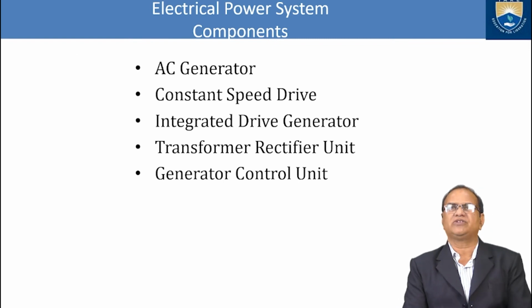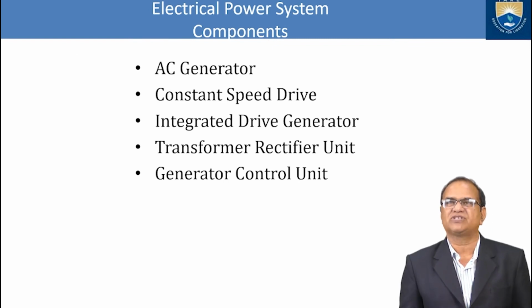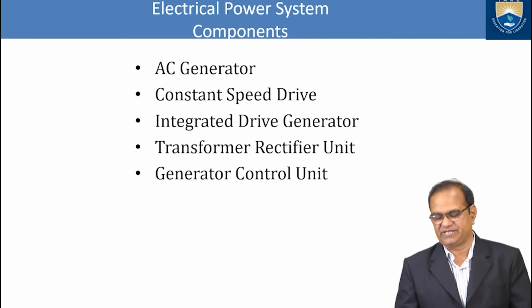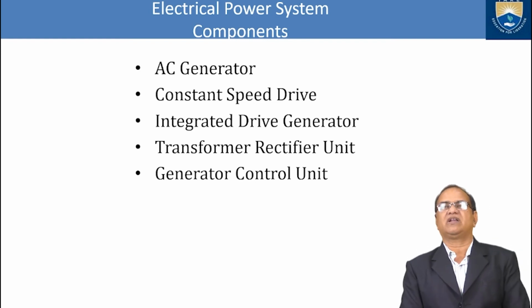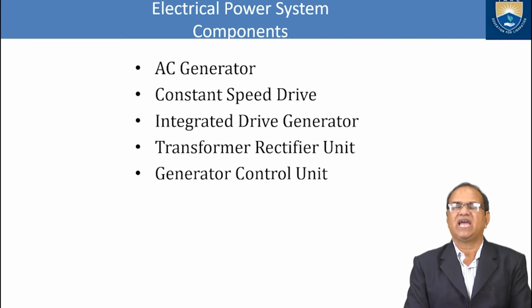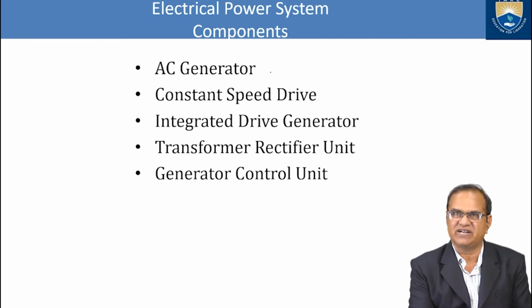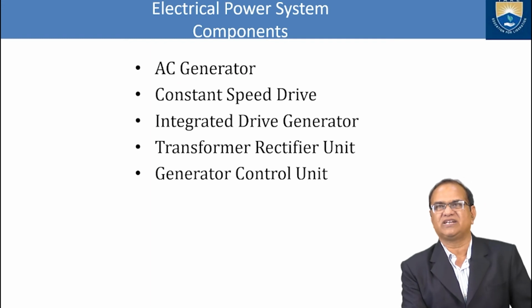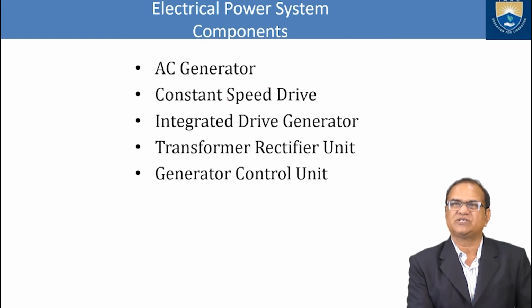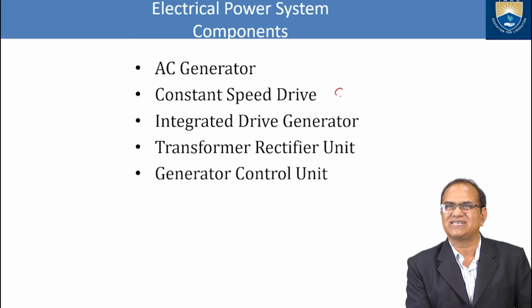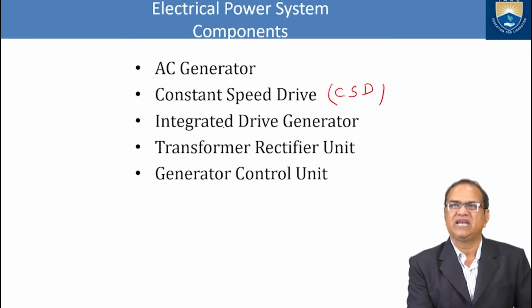Now, I am going to discuss the electrical power system and its components. What are the components associated with the electrical power system? In this we have the AC generator, that is called alternating current generator. Constant speed drive, also called CSD. Integral drive generator, called IDG.